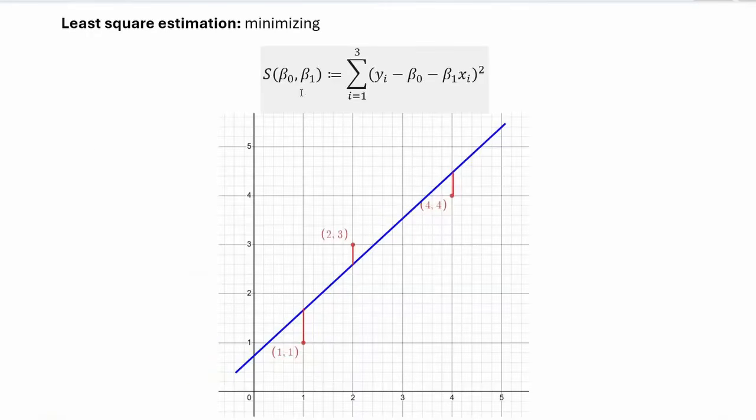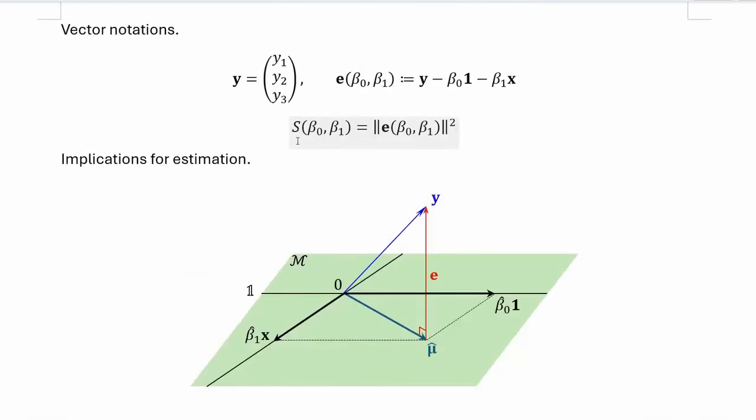And the function S we defined earlier, the residual sum of squares, is now the squared length of a vector, the squared distance between y and an arbitrary point in the space M. We wish to minimize S. And by Euclidean geometry, we simply choose the foot of the perpendicular. That is the fitted response, the vector mu hat.